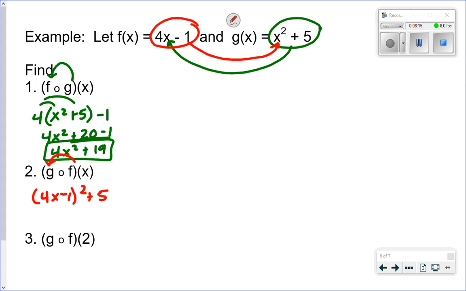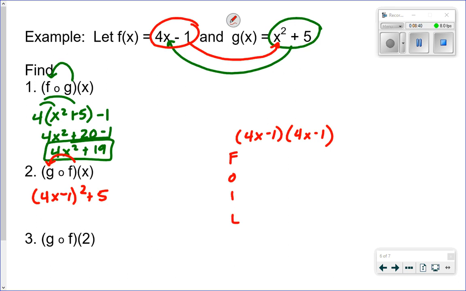When we have parentheses with a squared on the outside, a lot of times students just want to take that 2 and distribute it in. But if you remember, 4x minus 1 squared means the same thing written twice. What was the method that we used to multiply those? It's an acronym, and that is FOIL. So we need to FOIL this.